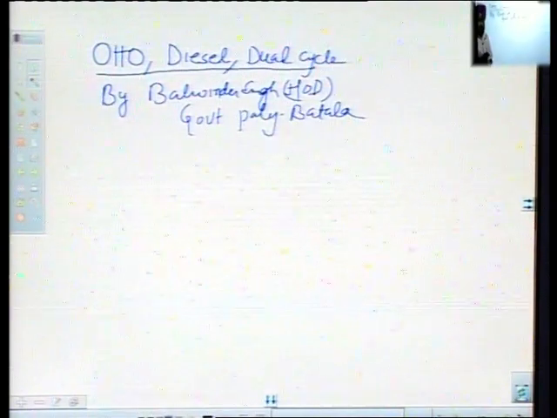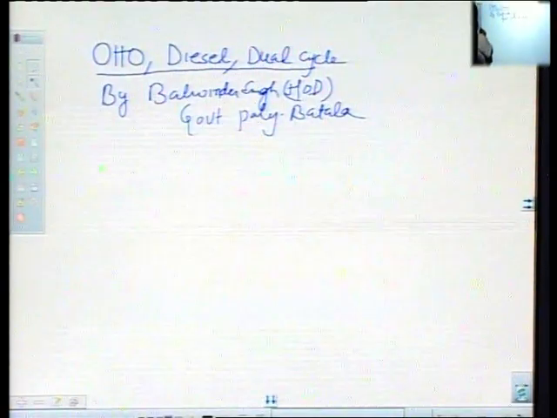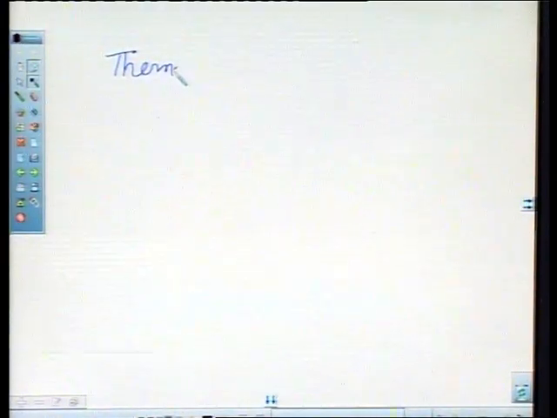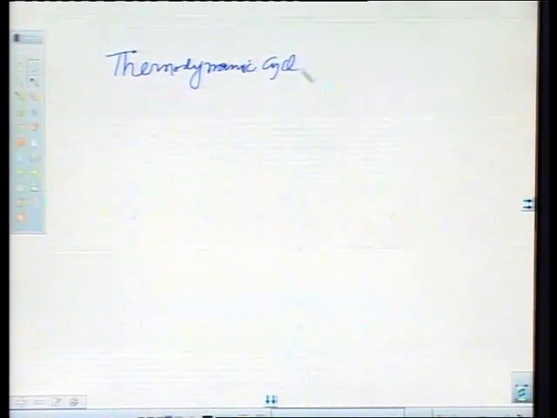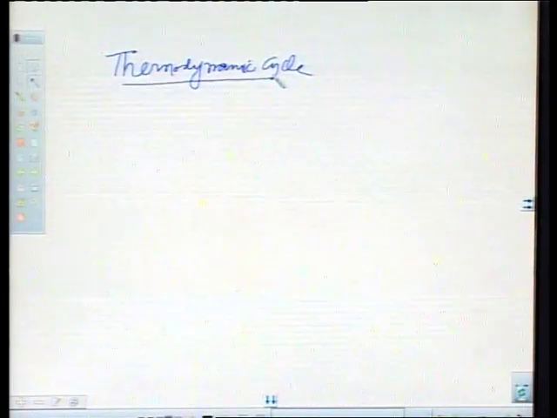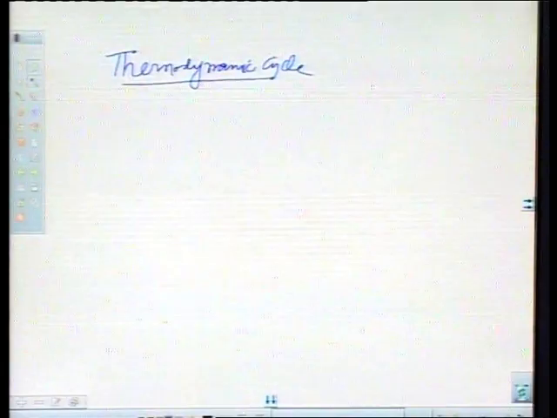Before entering into these cycles, we must know what a thermodynamic cycle is.